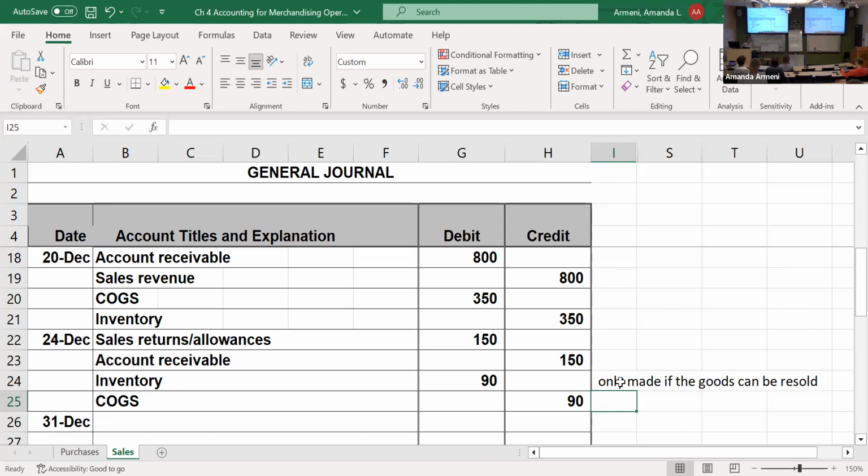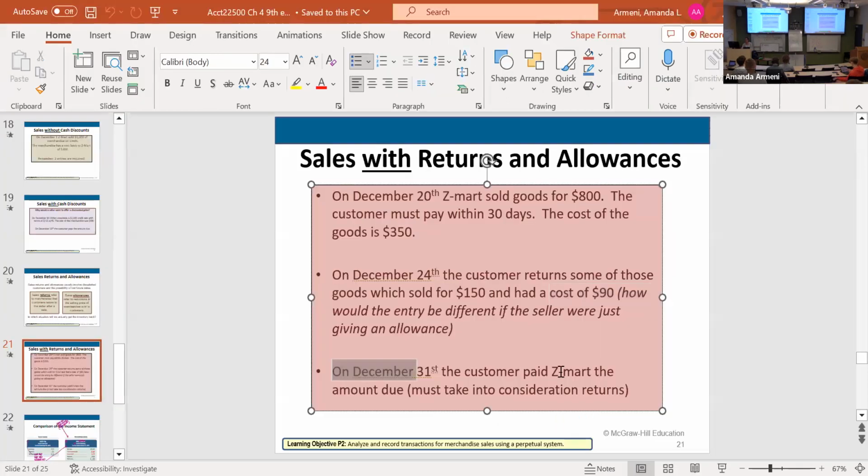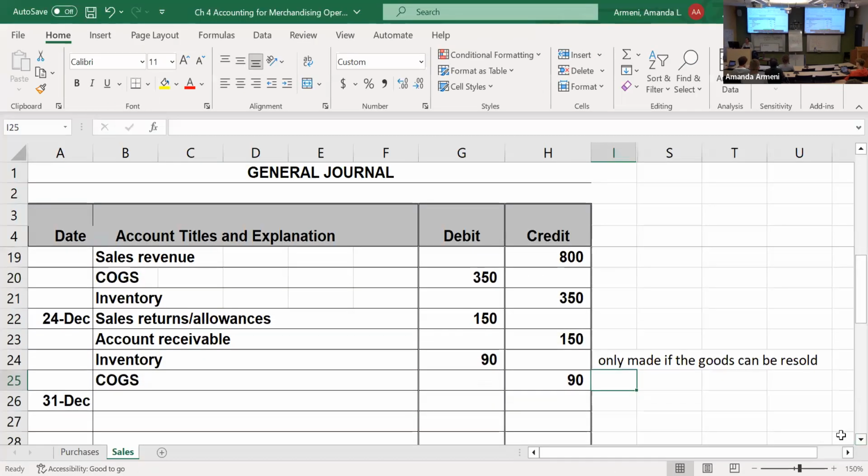So now, it's finally December 31st, and the customer is going to pay us what they owe us. So one thing that you have to remember is that they don't owe us $800 total, because we already said 150 of that is going to go away because they sent us the stuff back, right? So on December 31st, we have to make an entry to show how much cash we are going to get in our pocket.